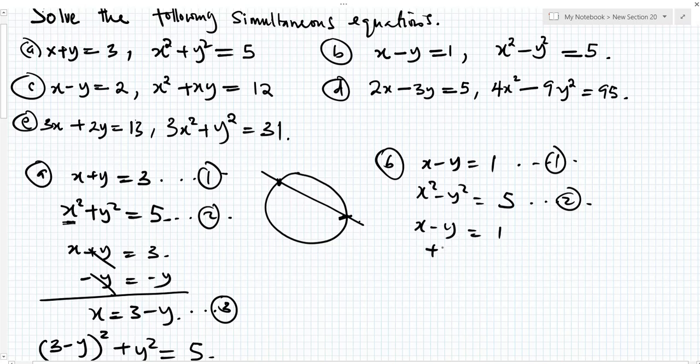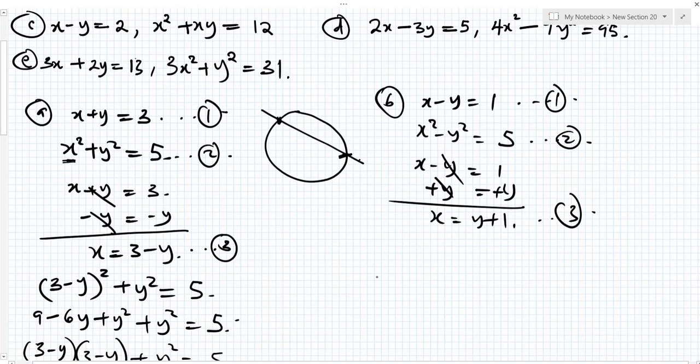If I add plus y to both sides, this will cancel out this. You are left with x equal to y plus 1, equation 3. If you substitute this value of x into equation 2, you now have y plus 1 squared minus y squared equal to 5.